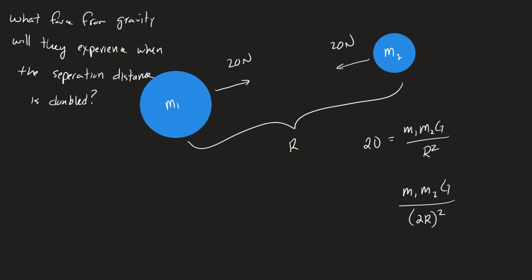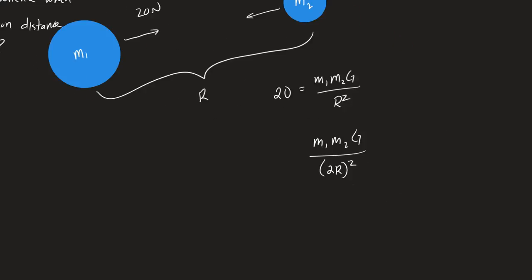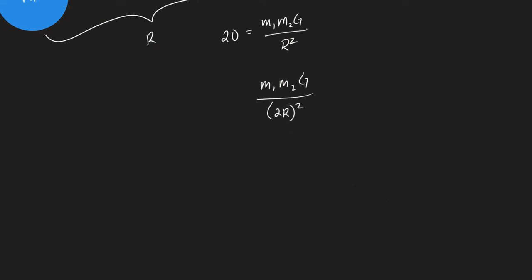Step five, get all the letters on the right and all the numbers on the left. So I'm going to look at this, and I'm going to move all the letter parts to the right side and all the number parts to the left side. So this is m1, m2, G over 2 squared and r squared.